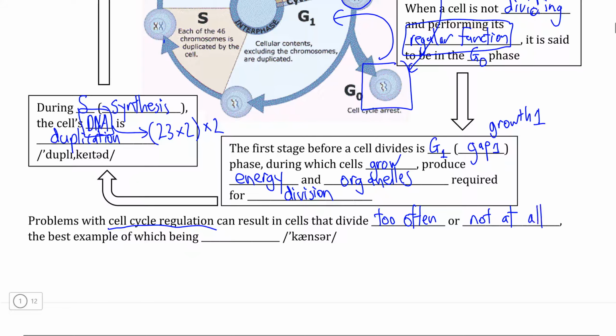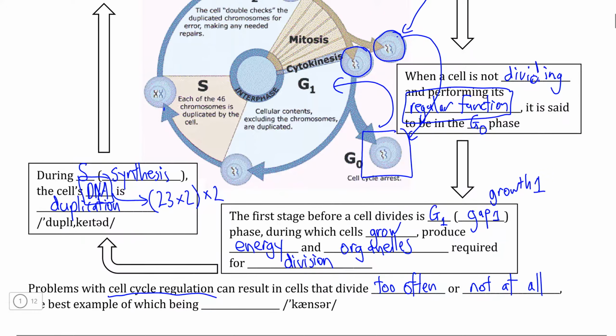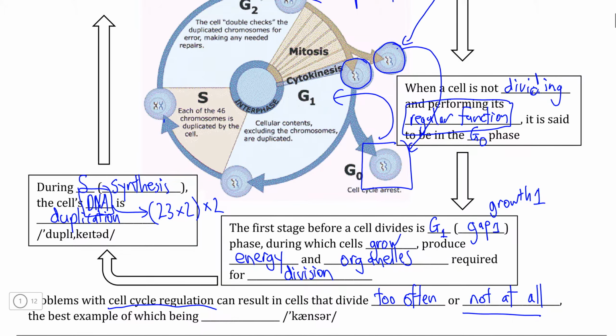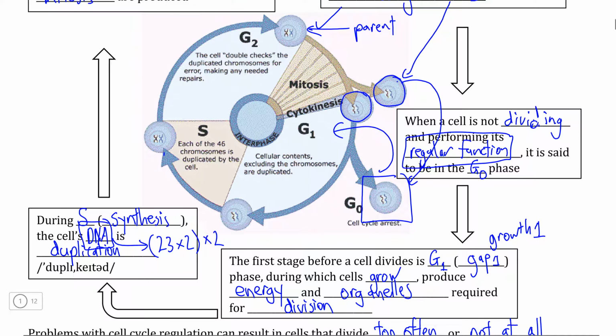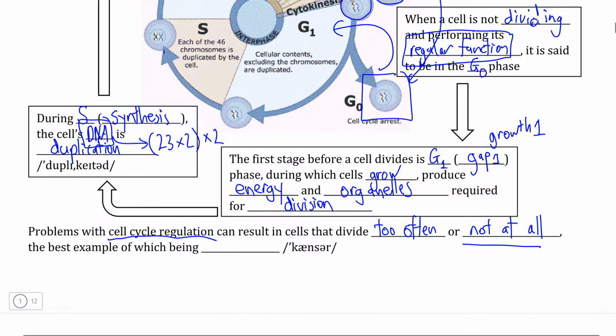And both of these are very, very problematic, because if a cell can't divide at all, then your body is not able to replenish cells when it gets injured or when it gets sick.